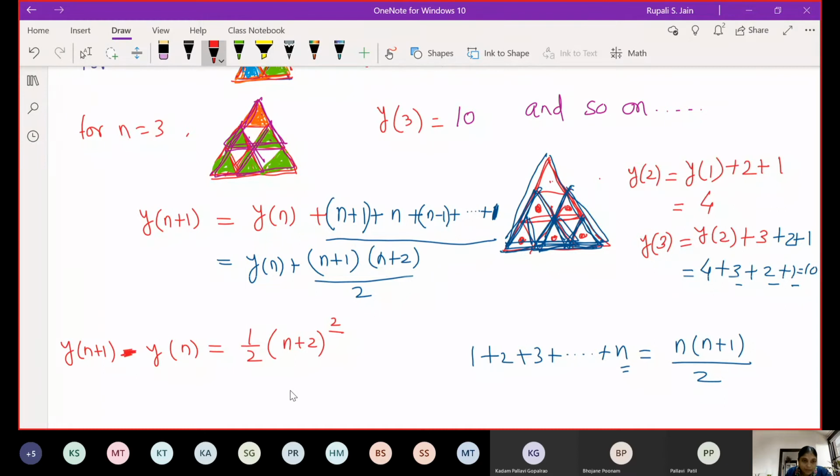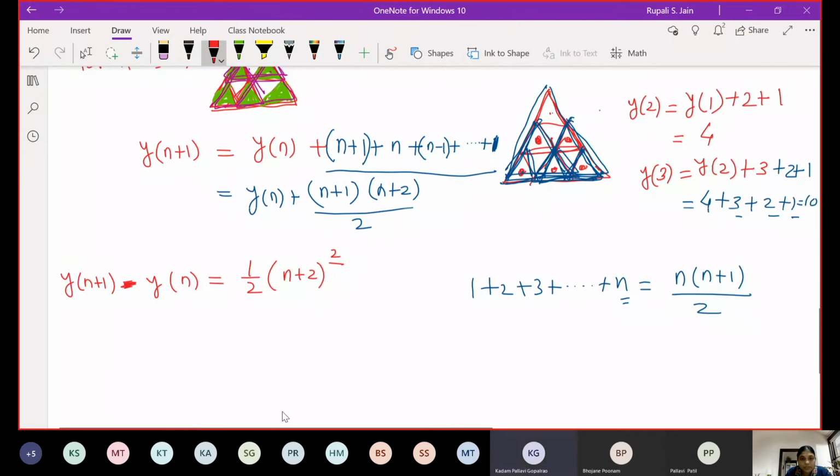I have taken y at n to this side. So I will get it in terms of delta. Is that okay? n plus 1 into n plus 2 I have written in terms of n plus 2 to the 2 falling, and this 1 by 2 is as it is.